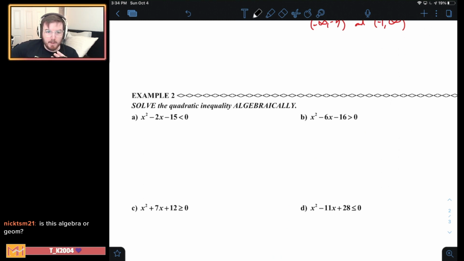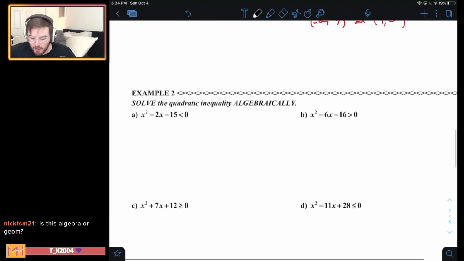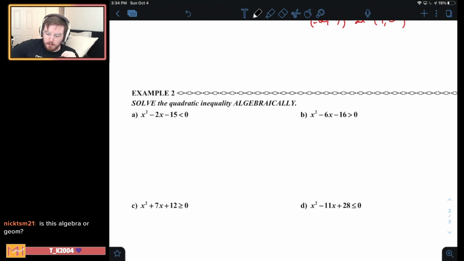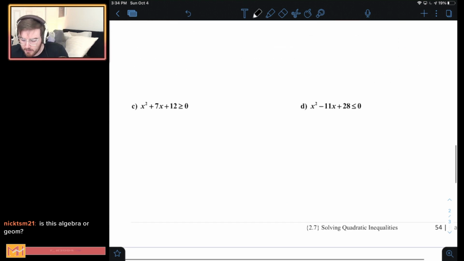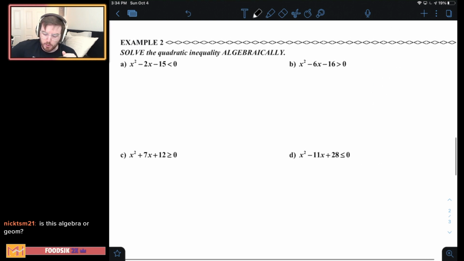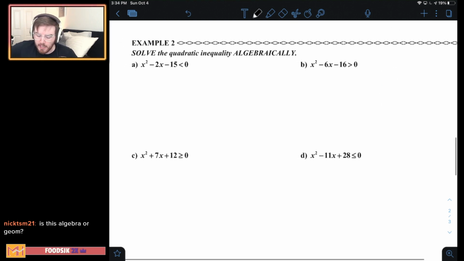I don't know if that makes me a bad teacher, if I should stress about it more, but I personally think that an inequality makes more sense on a visual scale than it does solving it by hand. I will solve one by hand here, but I just think it makes more sense on a visual scale, like I said.